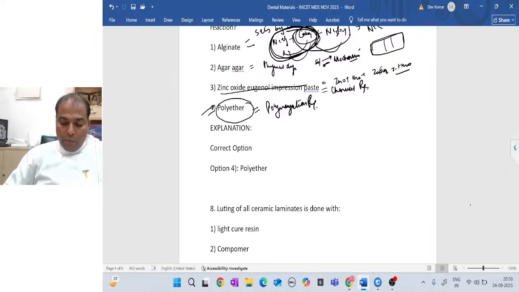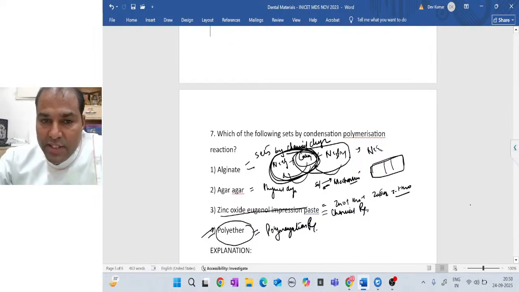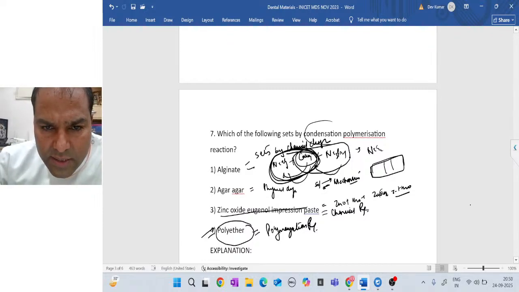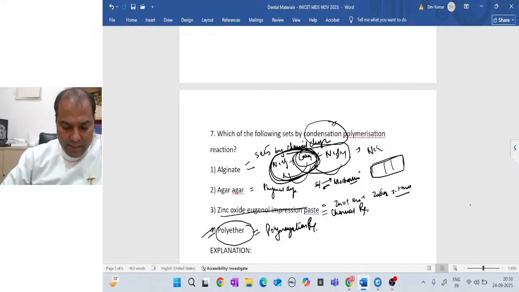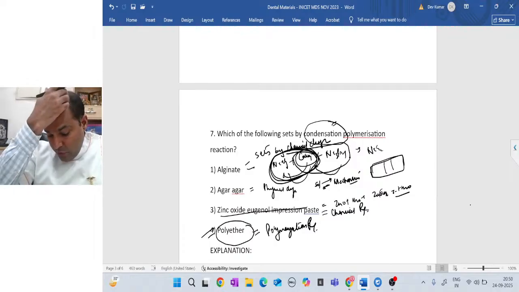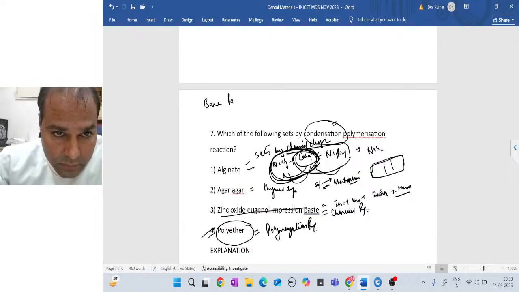Now okay, now it's a polymerization reaction, but the catch here is is it a condensation polymerization? So polyether का जो reaction होता है, now we all know that polyether impression material है हमारा, just a minute, I'm just seeing any questions are there. People are not asking any questions. So we all know that it is containing a base paste and it is containing a catalyst.